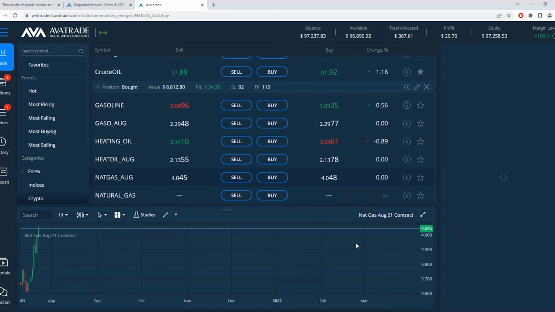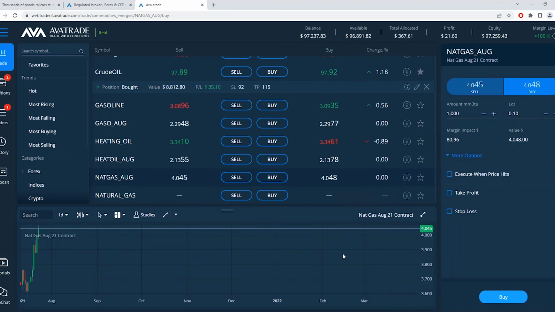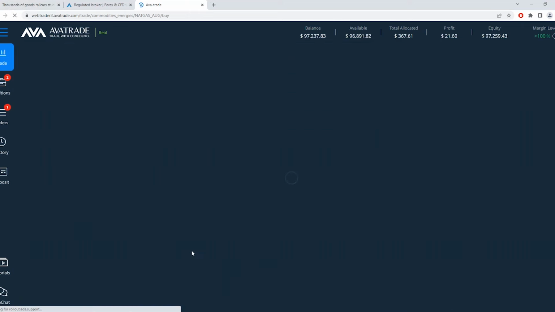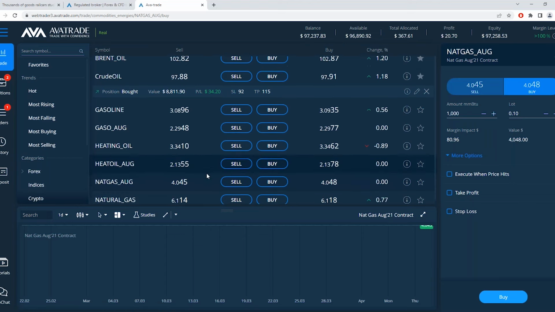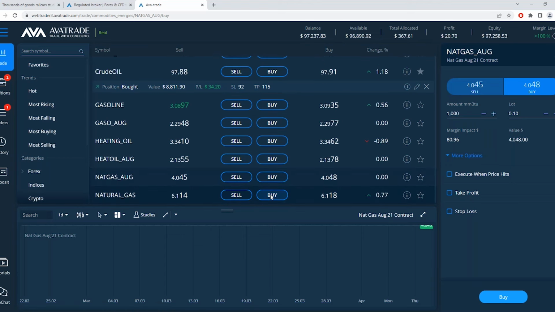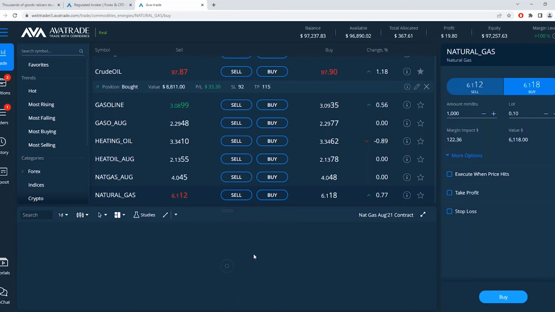Let's see if the futures natural gas loads. Yeah, it's loading perfectly. For some reason, the natural gas feed is not quite there. Let me refresh the screen. Now we have a price. Sometimes you just have to hit refresh. There it is. Okay, so now we've got natural gas here.